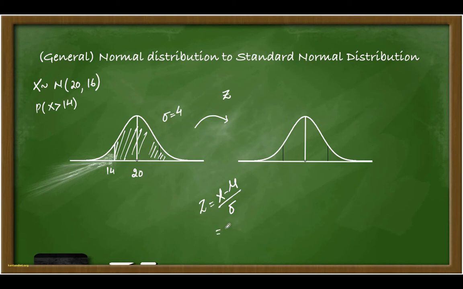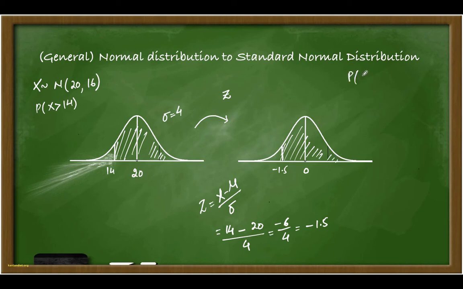So the value of x is 14 in this case, minus mean, the same 20, divided by 4. So 14 minus 20 is negative 6, and when you divide it you get negative 1.5. If this is 0, obviously this will be negative 1.5, and you need to find the probability that z is greater than negative 1.5.